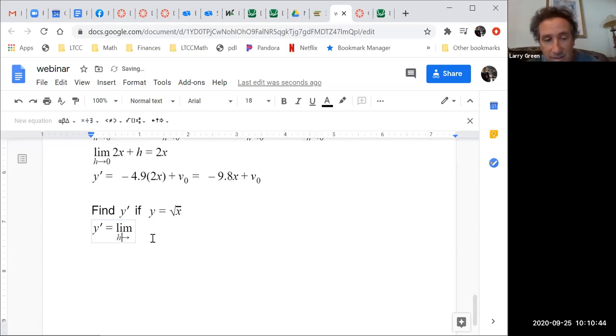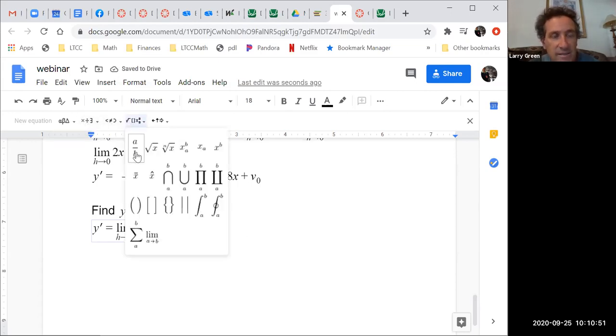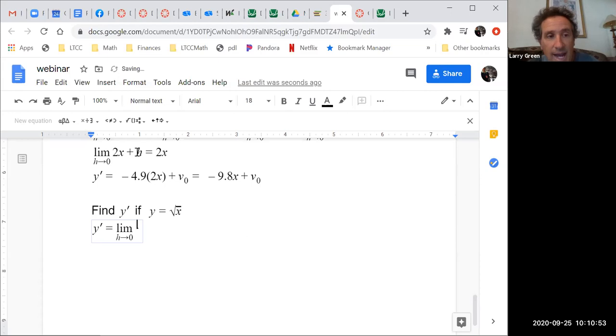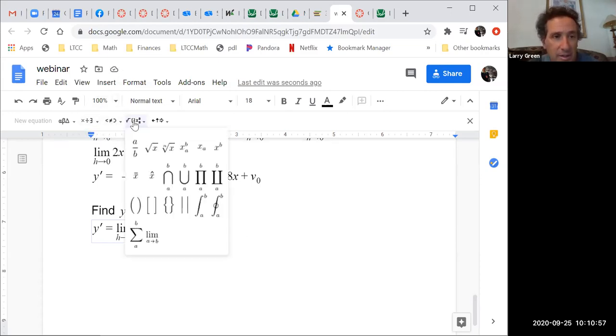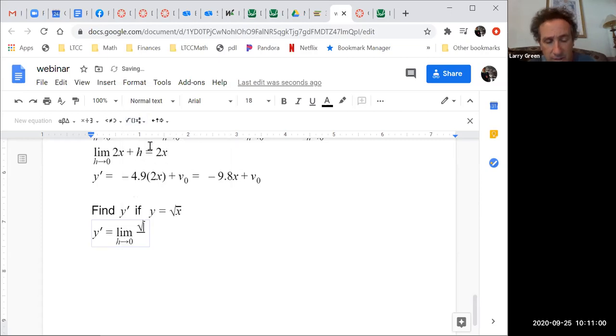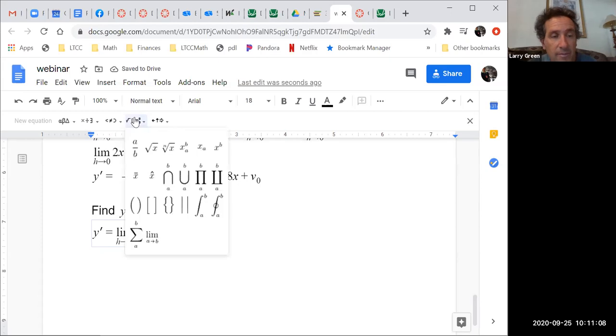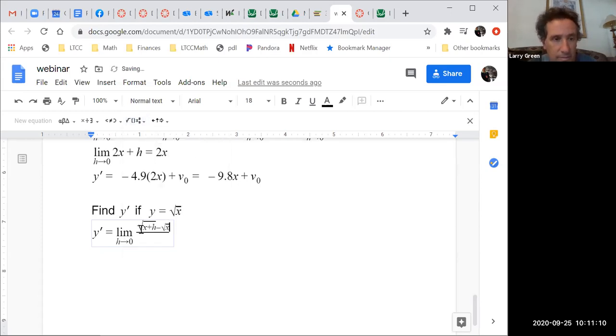Limit as h goes to 0, which you need to memorize, of a fraction. And we're going to have the square root, and where we see an x, we put an x plus h, minus the square root of x, all over h.